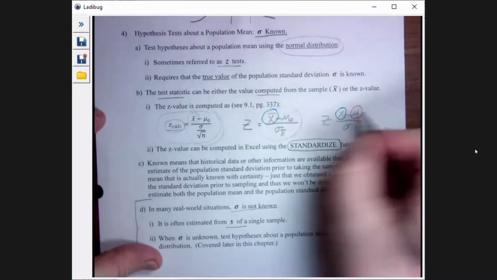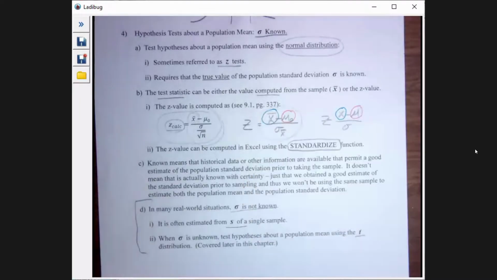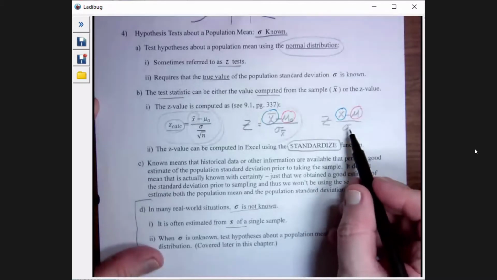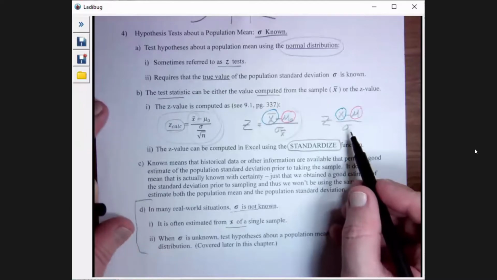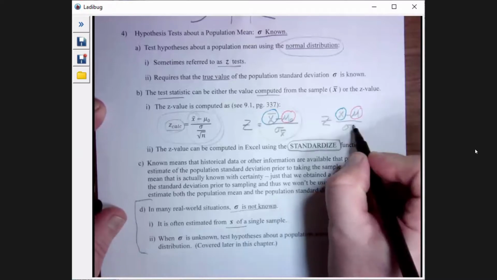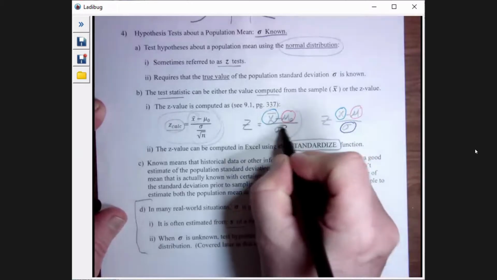What's the standard deviation? We have to adjust it. Our standard deviation would be the standard deviation of X bar, which is, what do we call that? Standard error. So this is standard error.